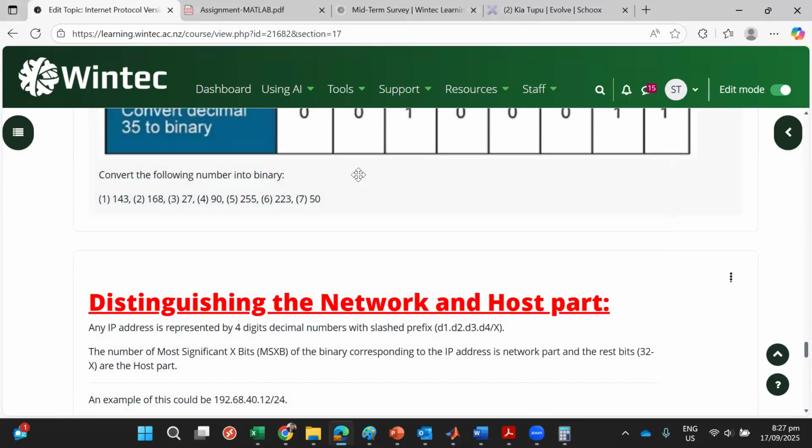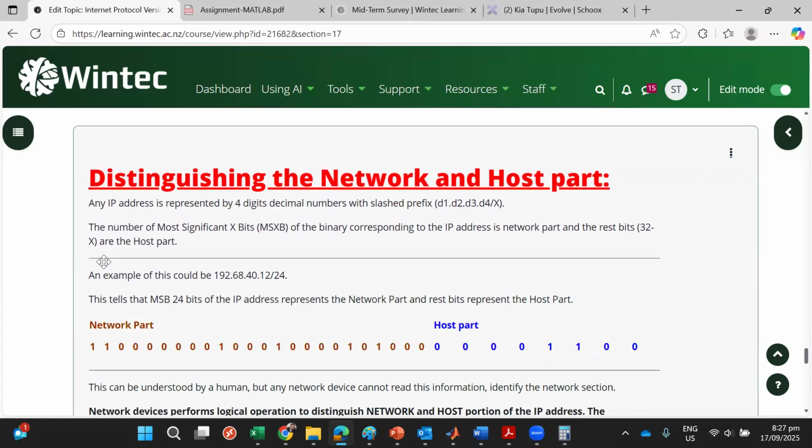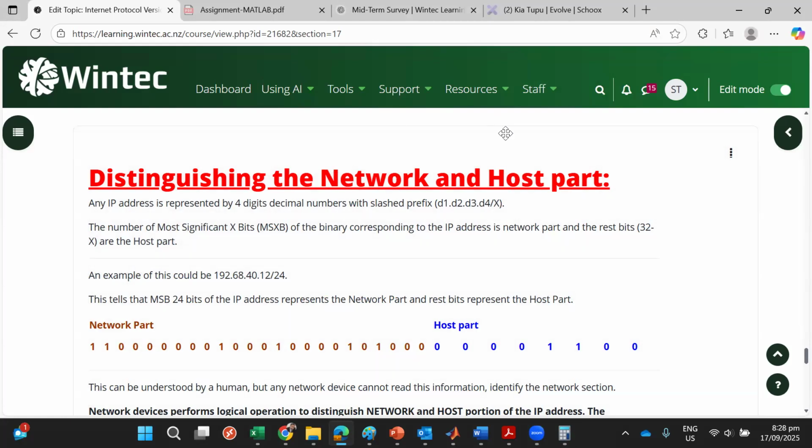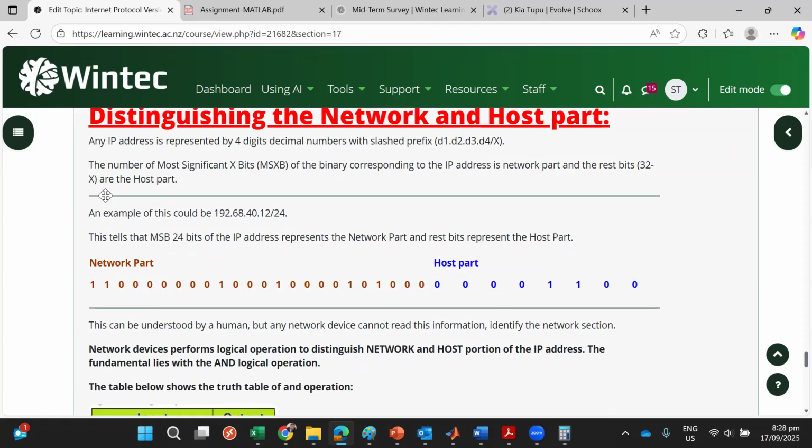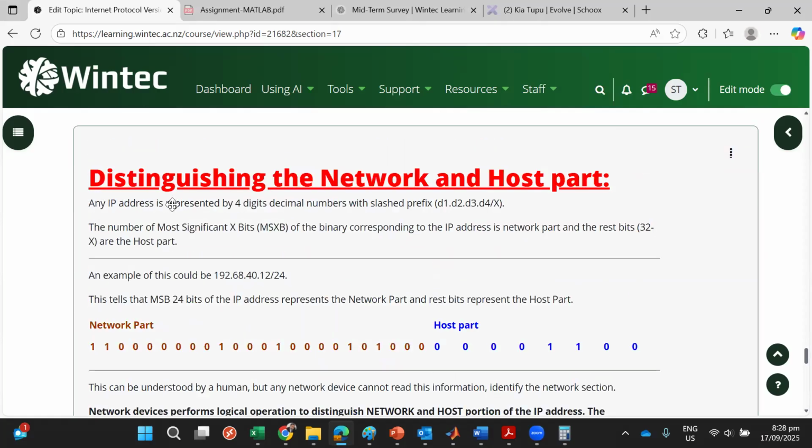Okay, so we have learned how we can convert. Now we are learning all these things to understand how we can differentiate the network portion and the host portion from the IP address. Whenever we are talking about an IP address, it is represented by 4 numbers.